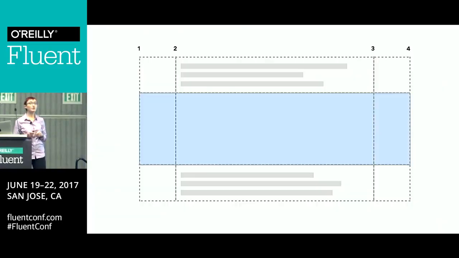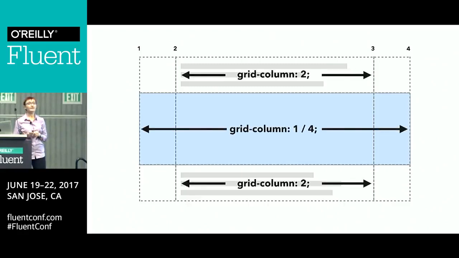So that's the grid with those line numbers. The first item goes into the center after line 2. The second is full width, so it stretches right across. And the third goes into the center, like the first one. If we overlay those numbers, you can see them there.